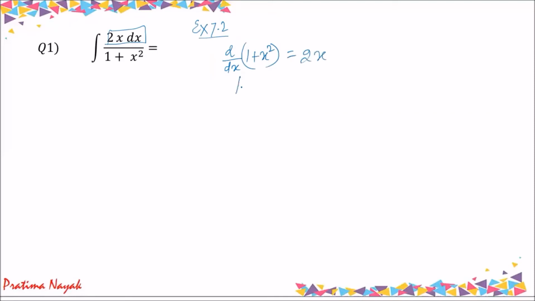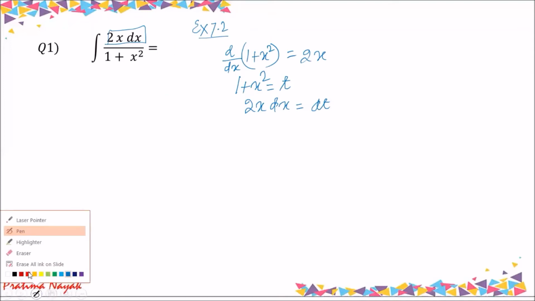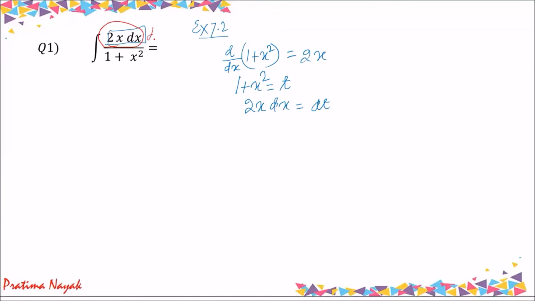So I'll take 1 plus x square as t, then 2x dx is equal to dt, because the derivative of 1 is 0. So the whole numerator will be dt and the denominator will be t.